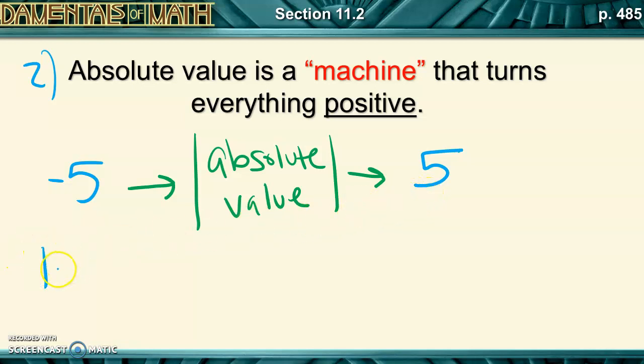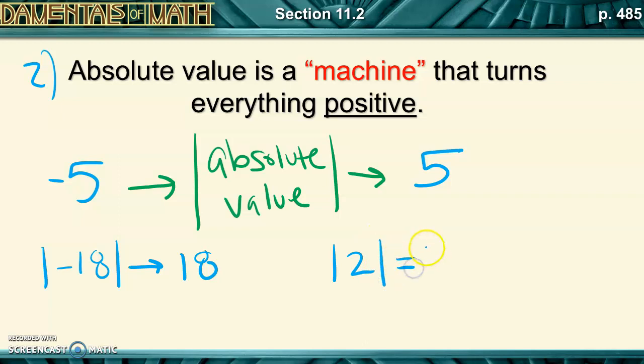Or if I take -18, the machine turns it positive, so now it's +18. What if I already had a positive number, like +2? Well, the absolute value of +2 is just 2. If it's already positive, the machine doesn't even have to do anything. It already did its job.